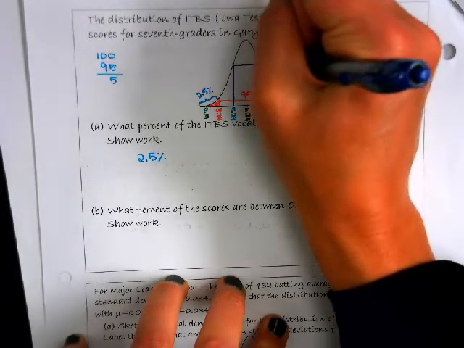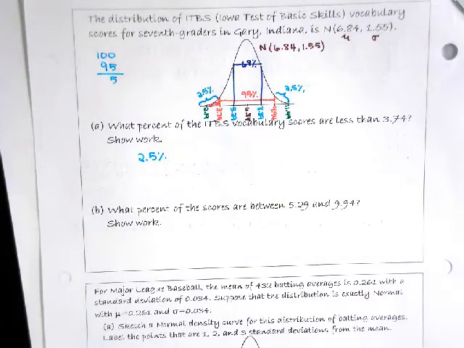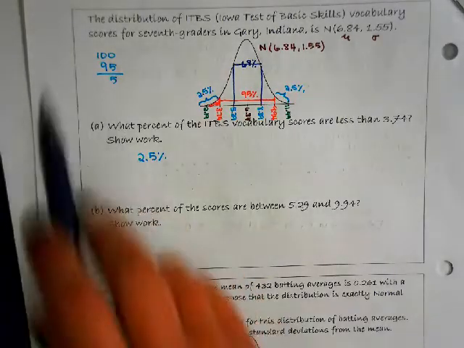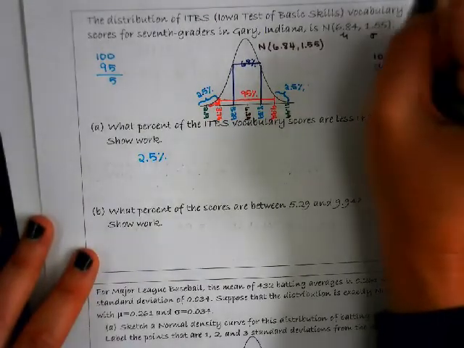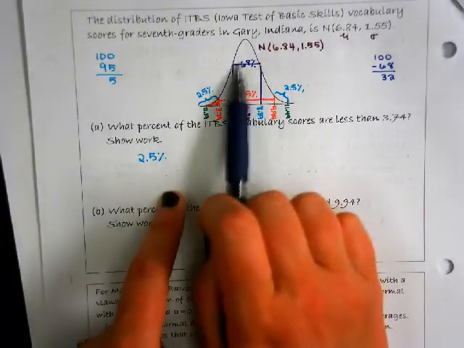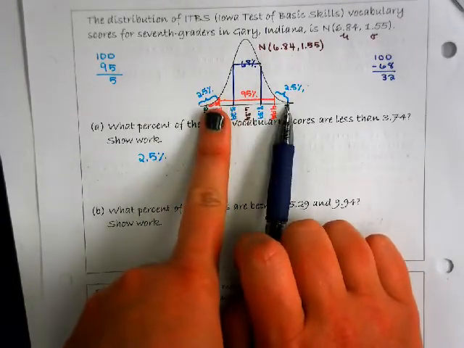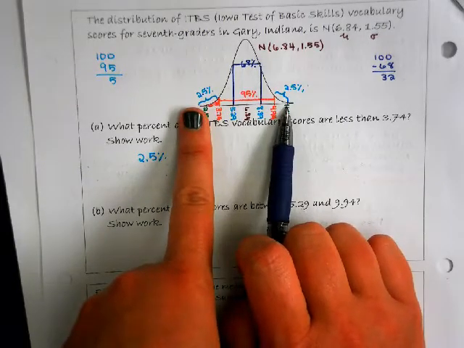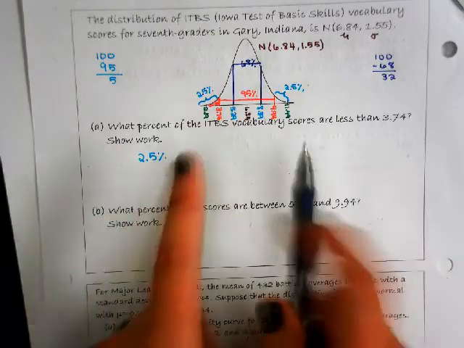Using the same idea, we know 100% is underneath. 100 minus 68 would leave us with what? 32. So 68% is in the middle here, which leaves 32% for these tails. The symmetry tells us they have to be cut in half, so it's half of 32. 16. So above 8.39 to the end is 16%, and below 5.29 to the end is 16%.